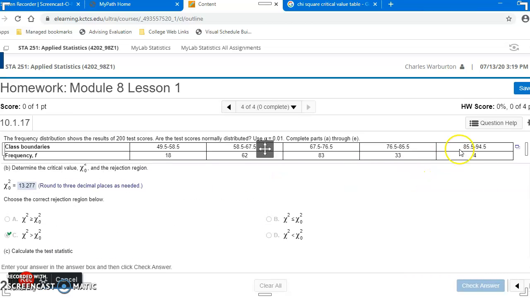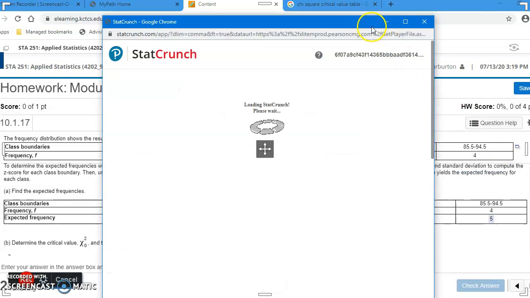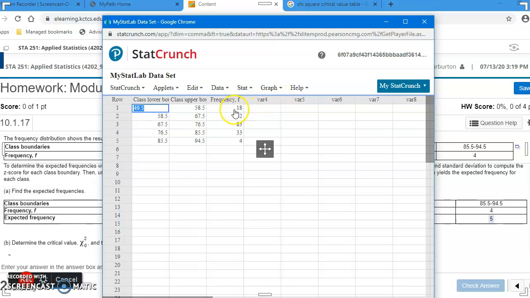We have our observed values and our expected values. I will write down my expected values, or maybe just memorize them. I think we can get this in StatCrunch here. Back in StatCrunch, I lost my other StatCrunch table. There are the observed values. We have the expected values, they were very hard to get.